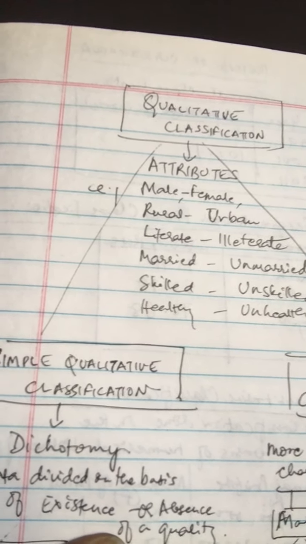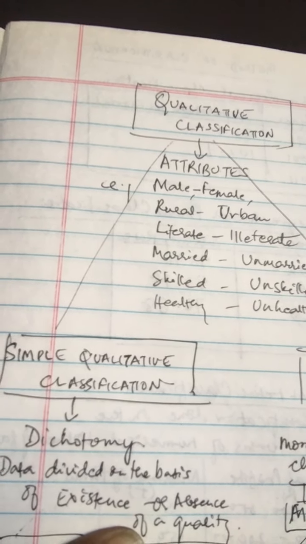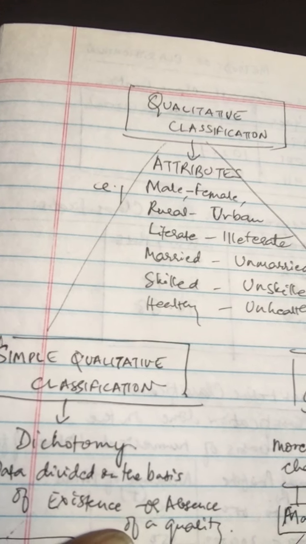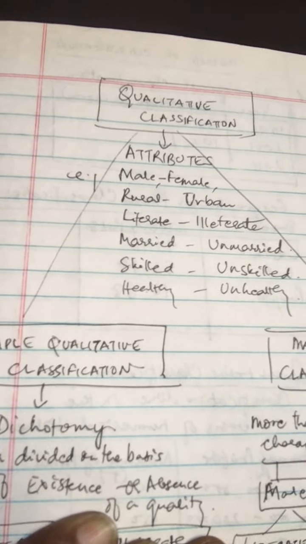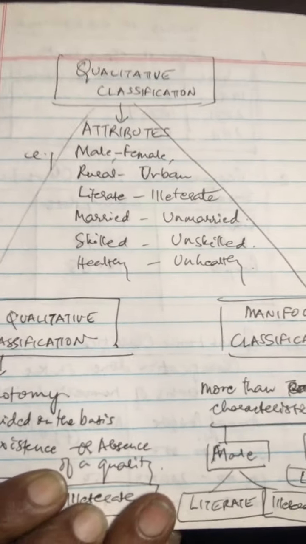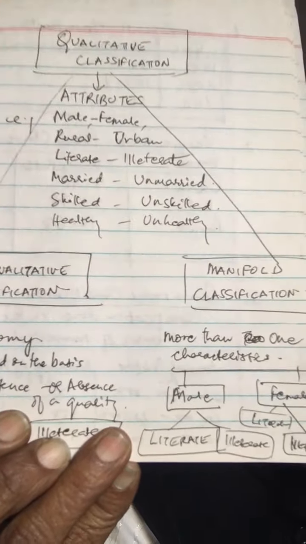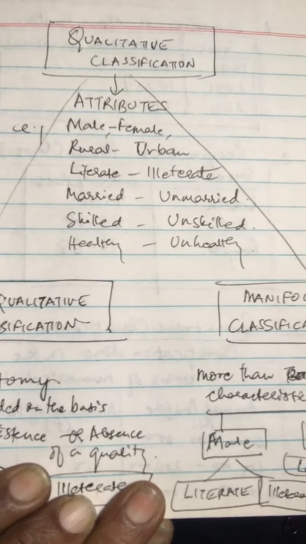And in this, there are two types: a simple or twofold classification, or a manyfold classification. Now what is a simple classification? In which there is just one attribute, like male, female.